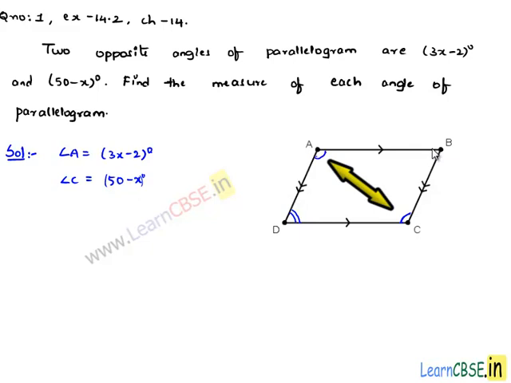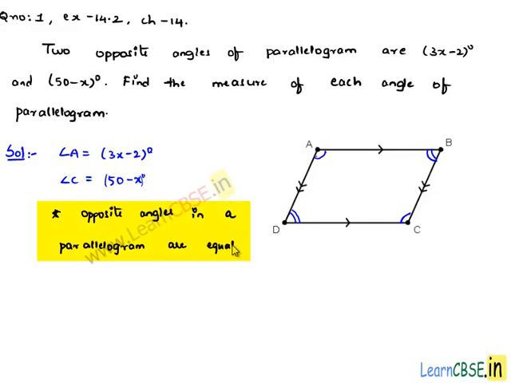That is, angle A will be equal to angle C and angle B is equal to angle D. So the property we shall use is that opposite angles in a parallelogram are equal. Therefore, angle A equals angle C and angle B equals angle D.